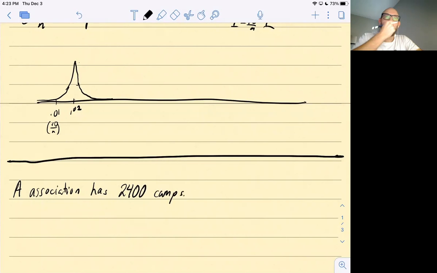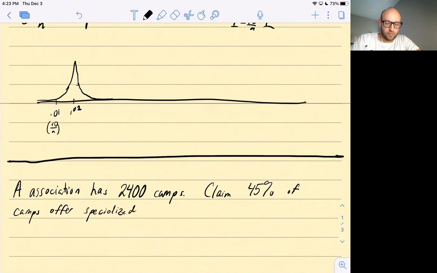They claim that 45% of the camps offer specialized programs. So we have P equals 0.45. And the population is 2,400.